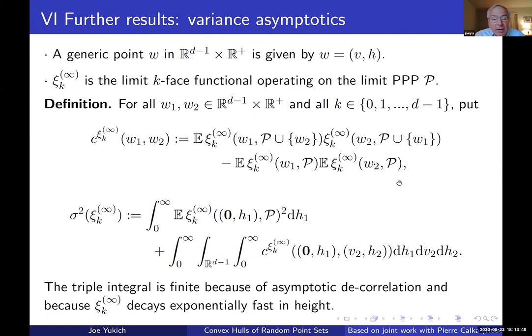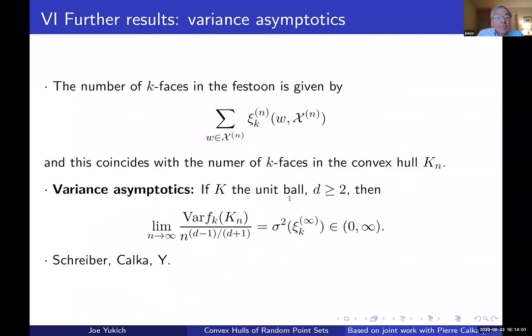If you integrate over the height coordinate, you also find something finite because the scores also decay exponentially fast in height. The point is this constant sigma squared is well defined, and the variance of the k-face functional, when properly normalized by n to the (d-1)/(d+1), converges in the limit to sigma squared. So this gives variance asymptotics.